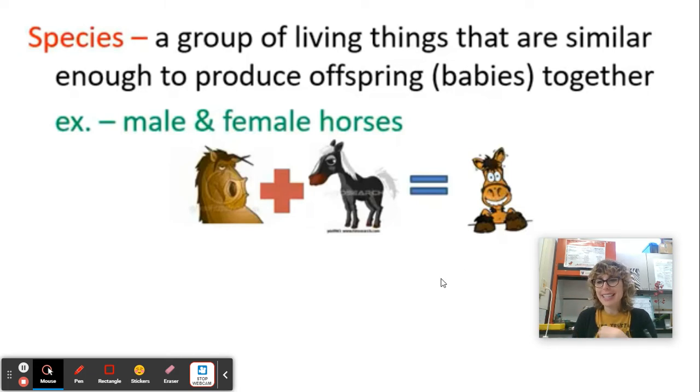For example, I can't take a cat and a dog, they're two different species, and create an animal that could reproduce. A really good example, though, would be like dogs, right? Dogs have lots of different types, like Rottweiler and Chihuahua or Labrador. But they're all a type of dog. They're all in the dog species, so they can still reproduce and create viable offspring.